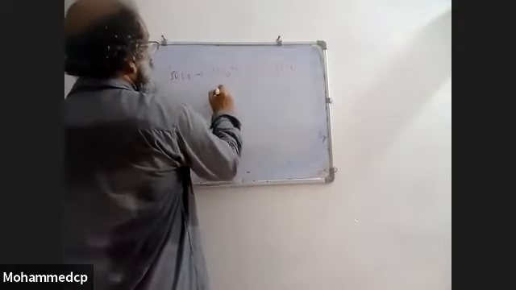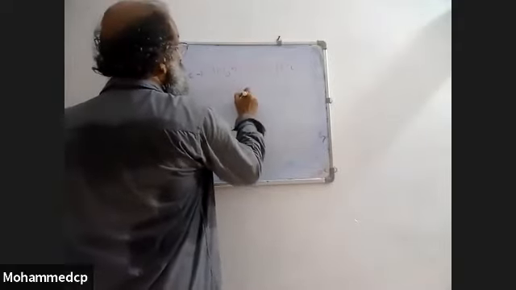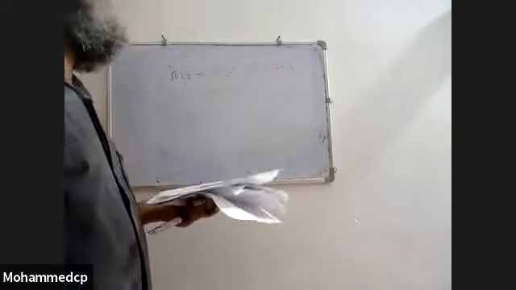You can simplify these and cancel 50C3, and you will get the equation m square is equal to 51n plus 1.